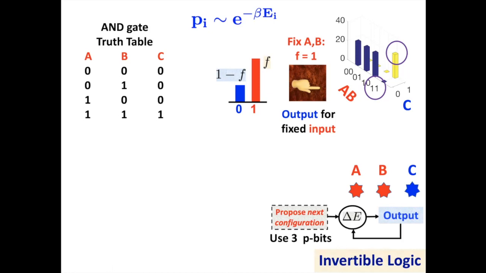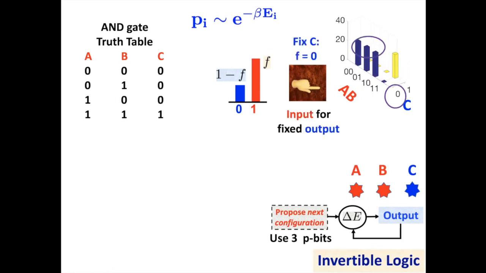Now, what is interesting, though, is that usually digital gates work in one direction. You give input, you get the output. But if you construct it using this principle that I just described, you'd have what you might call invertible logic, where it also works the other way, in the sense that if you gave it the output, it would come back and give you the input. So let's say I decide that I want to know what inputs are compatible with an output of 0.